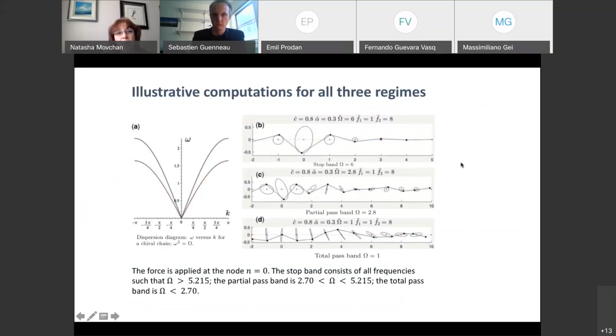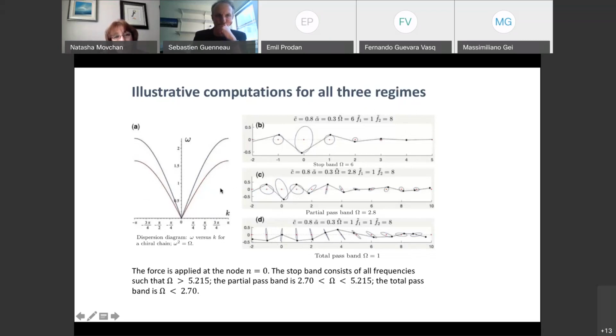Now, here is the illustrative computation, which includes all 3 regimes, where we apply force components 1 and 8, as stated here, for different frequencies. The top diagram is the stop band, part B is the partial passband, the diagram of part C, and the total passband, which is part D. And this is all associated with where the frequency is.